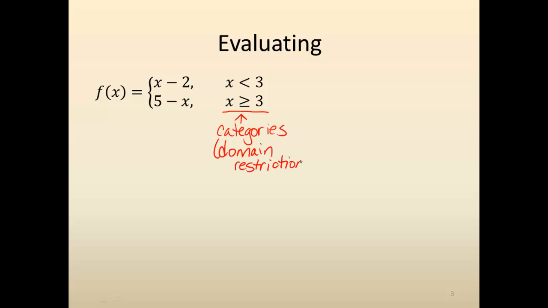So I have 2 rules. I have a rule for x's that are less than 3, and I have a rule for x's that are greater than or equal to 3. If I asked you to evaluate, say, f of 0, first I need to decide what category.